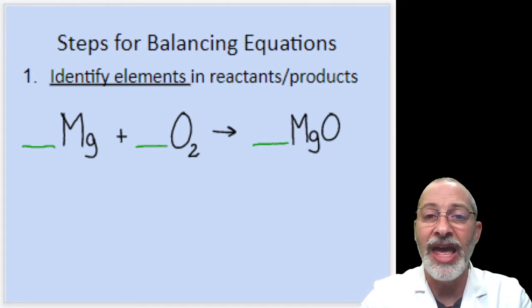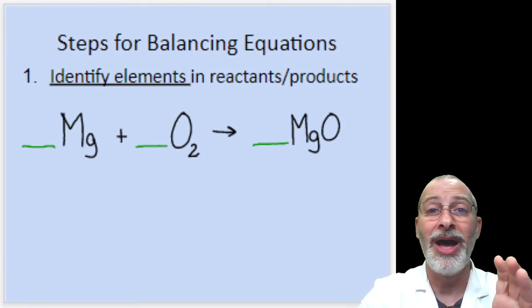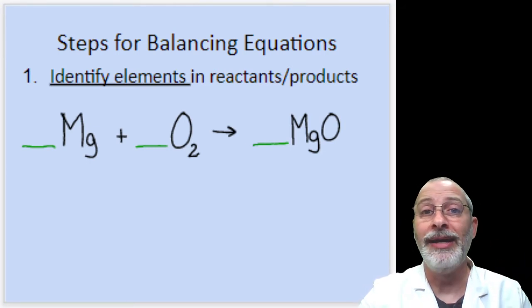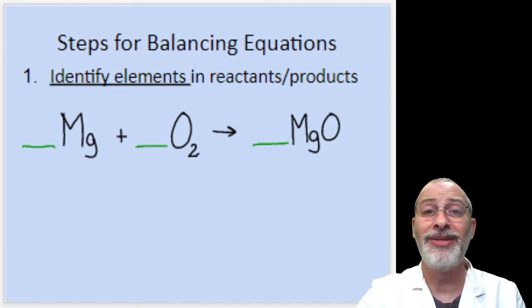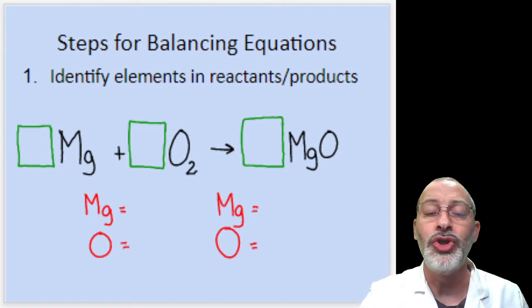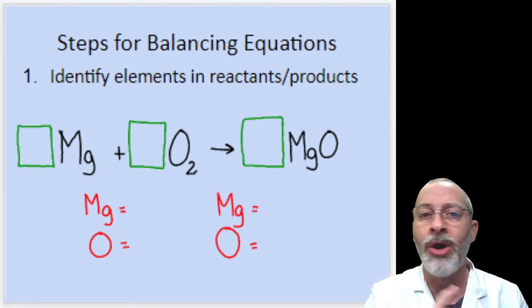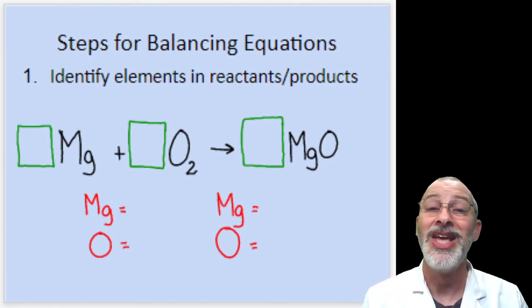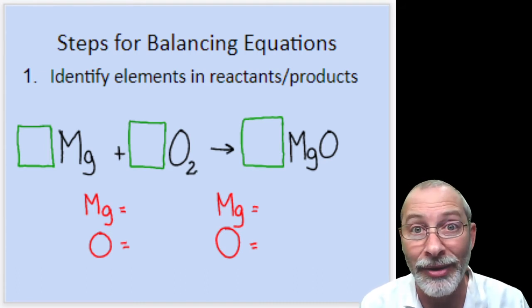Identify the elements. Now, you may or may not have memorized that list of common elements that I've asked you to in the past, but even if you don't know the names of the elements, you can still do this step because you are going to use the symbols. And you can all recognize letters, you can all recognize symbols and the difference between capital and lowercase letters.